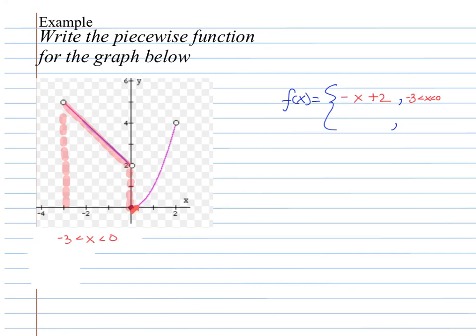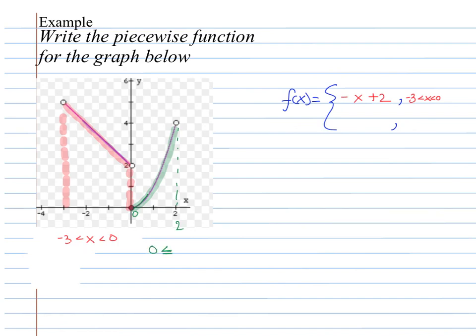Now we're going to focus on the second graph right here. And this second graph, if you notice, is going to be a quadratic. Again, it has a very specific restriction. And that restriction is going to be from this point, which is 0, to that point, which is 2. So that means 0 is less than or equal.